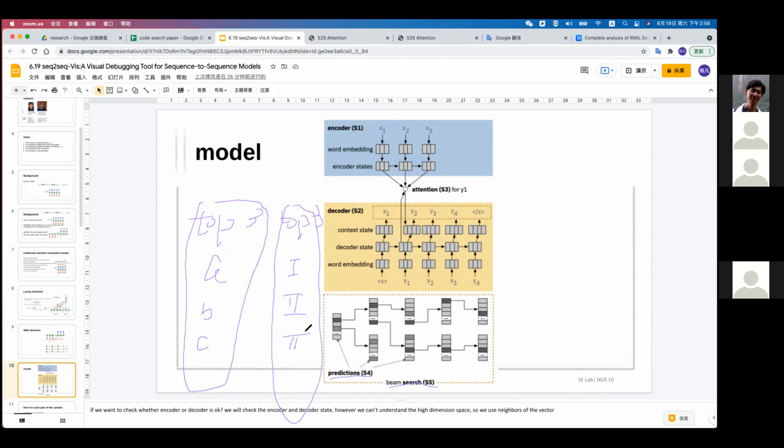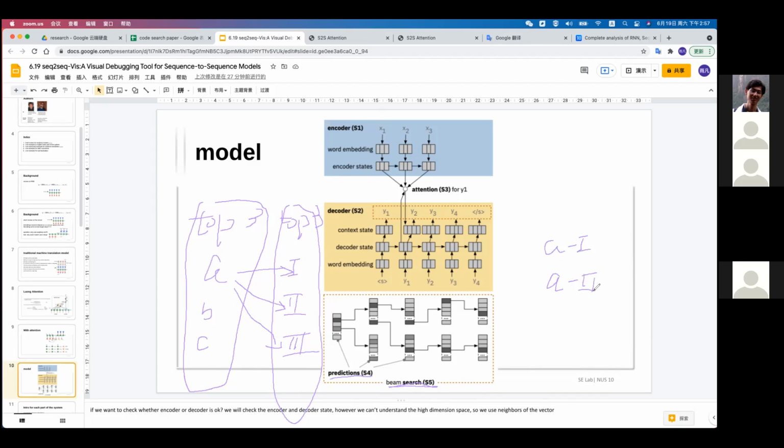These two possible lists will need a beam search to get the most possible sequence. You may get A first and A second, or you may get A first and A third. Each sequence will also get a probability.